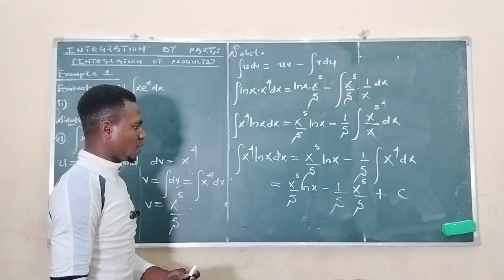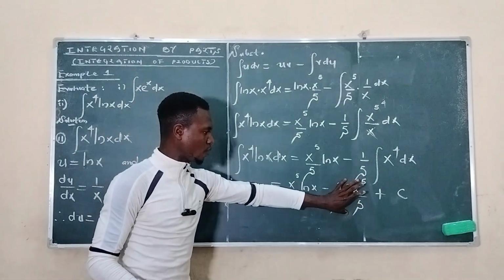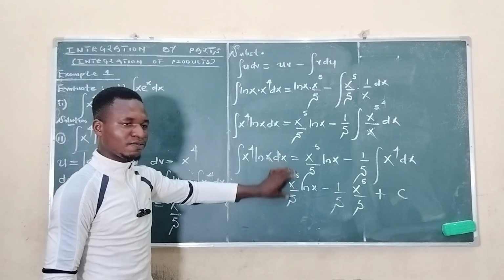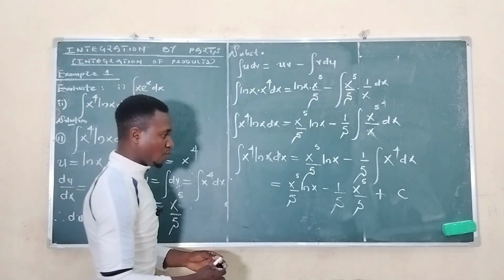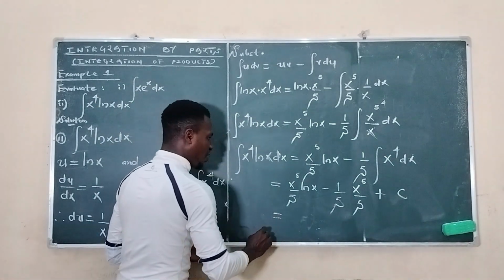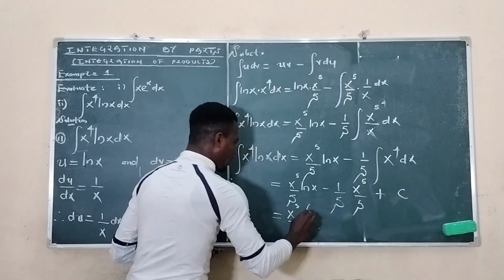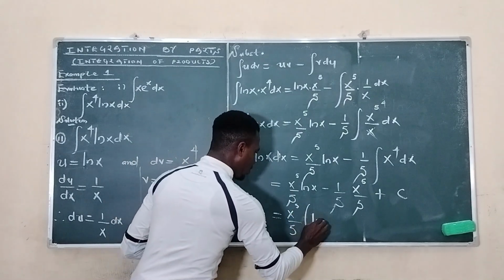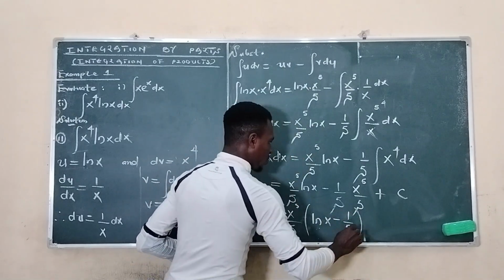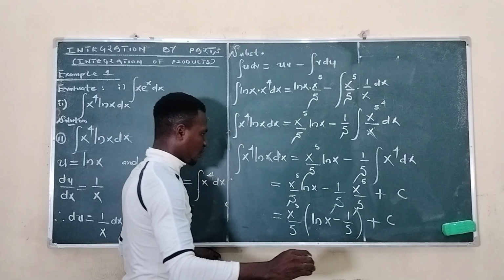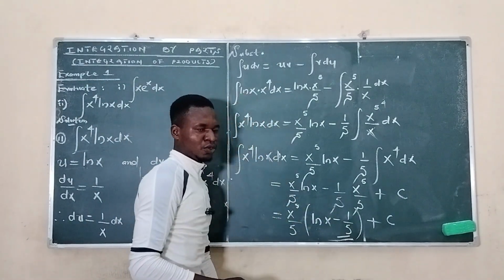In all of this, we can see similar terms between the first term and the second term, where we have x raised to the power of 5 over 5, so our factorization is x raised to the power of 5 over 5. So we have x raised to the power of 5 over 5, open brackets, the natural logarithm of x minus 1 all over 5, plus the constant of integration, and this gives us the final solution.